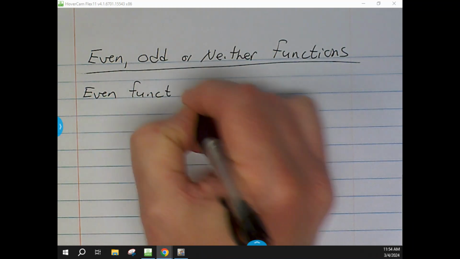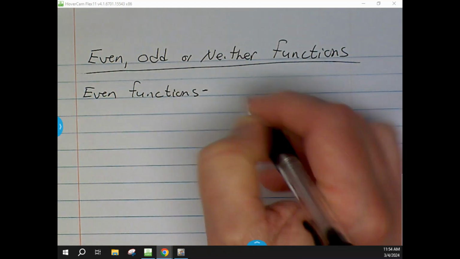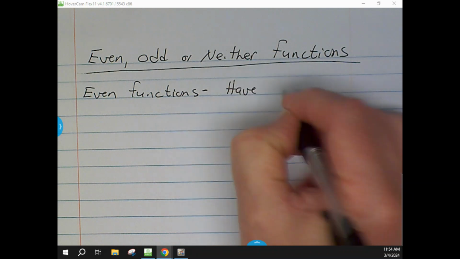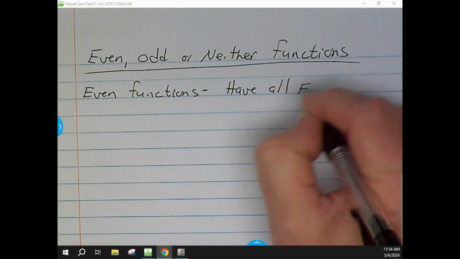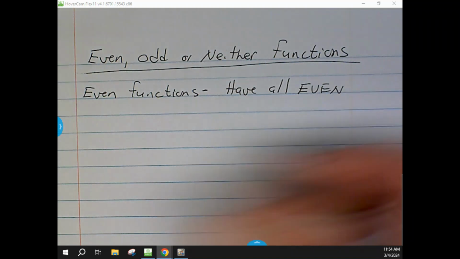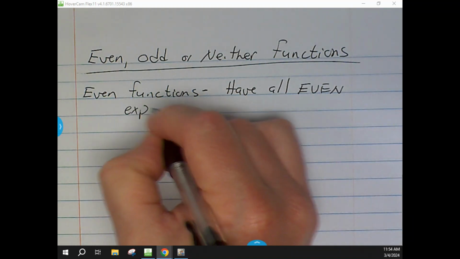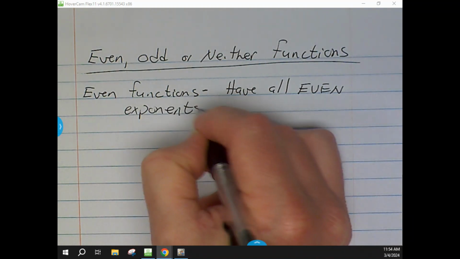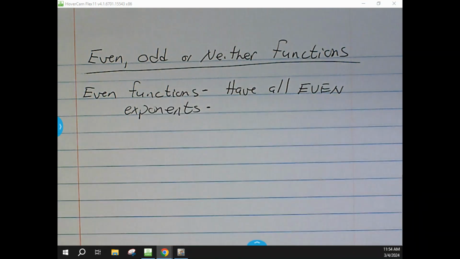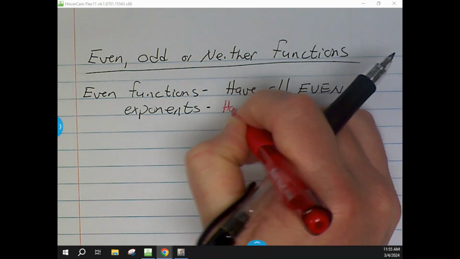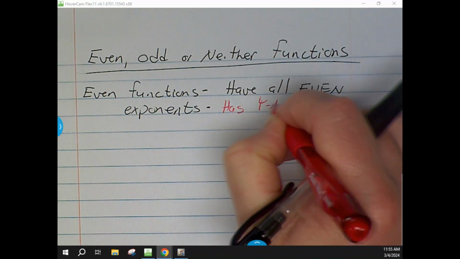Even functions, believe it or not, have all even exponents. Okay. And if a function has all even exponents, it's an even function, and it has y-axis symmetry.